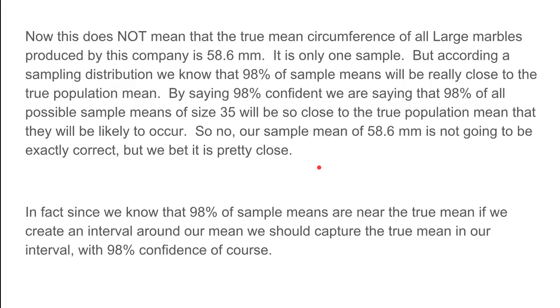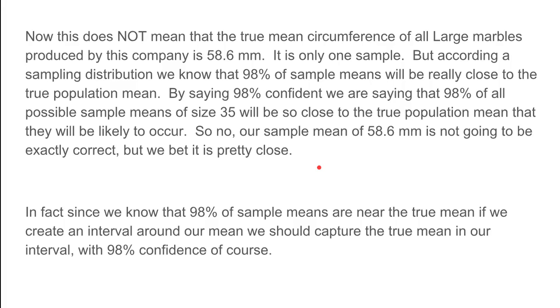So by saying 98% confident, what we're saying is that 98% of all possible samples of size 35 will be so close to the true population mean that if we build an interval around it, then we should capture the mean within it. So the idea is that we're just assuming that since 98% of samples are really close to the truth, then our sample mean of 58.6 millimeters is also going to be pretty close to the truth.